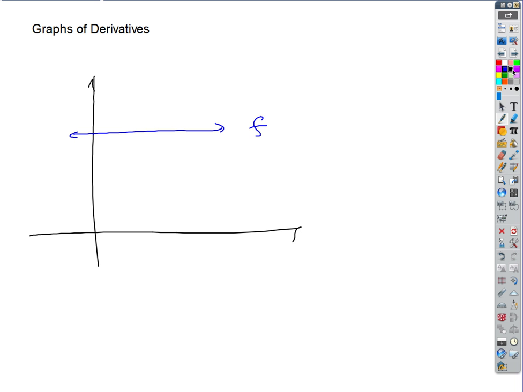One example we did the other day was if f of x equals x squared, we calculated the derivative function, f prime of x, to be 2x, right? It was pretty amazing. What that function allowed us to do was to take any value of x we wanted to, plug it in, and it gives us the slope of the tangent line at that point, the slope of the curve at that point.